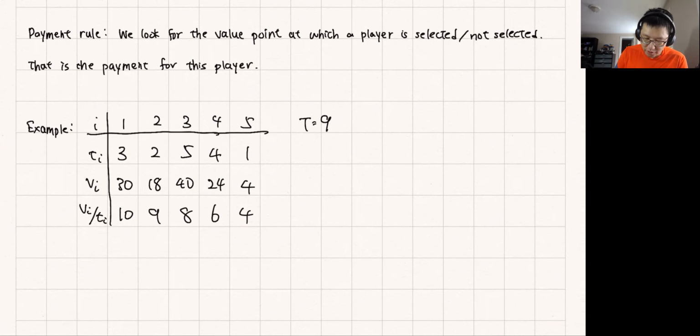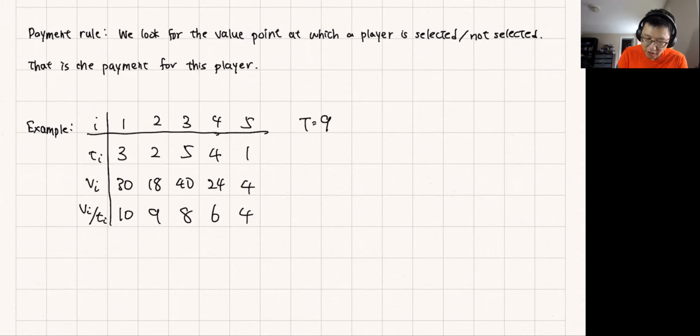So the algorithm sorts everything in order of value density. Look at the first one: this one has size 3, so we will pick it because we can fit 3 into our bag. The next one has size 2, and we now have 5 left, and we can still pick it, so we put it in our bag. The next one is 5, and that does not fit into our bag, so we can't pick it.